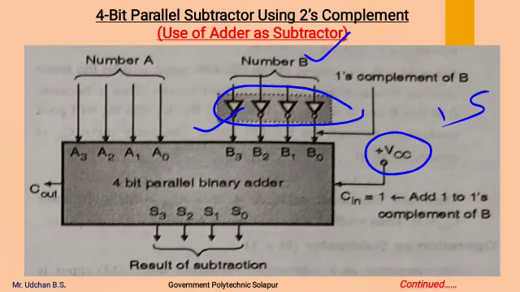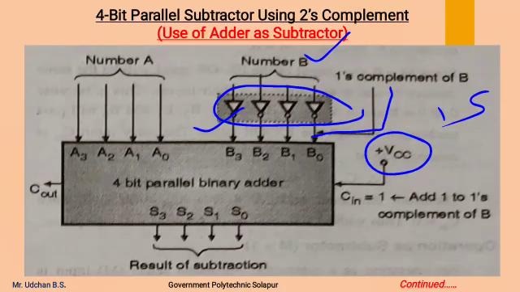So here are 4 inverters to convert the 4 bits of number B into the ones complement form. Here we get the ones complement of B.